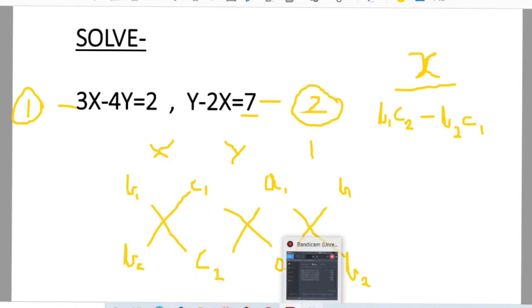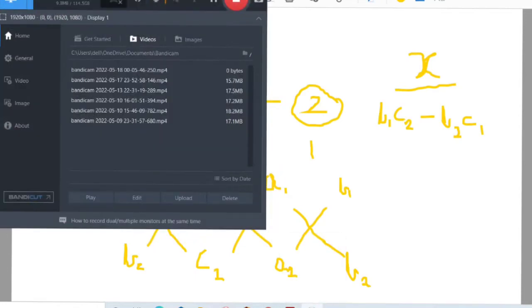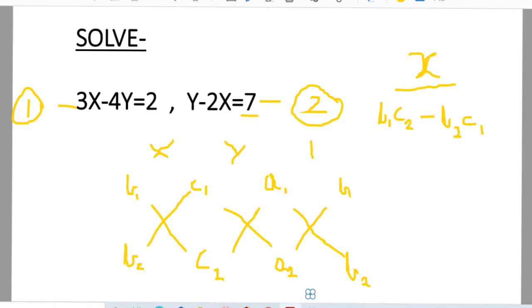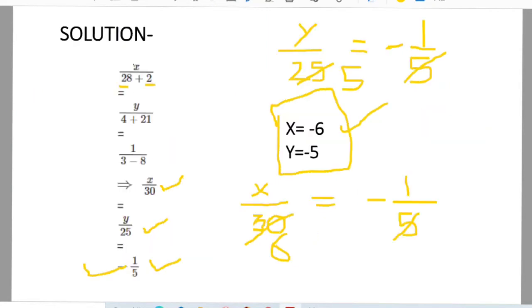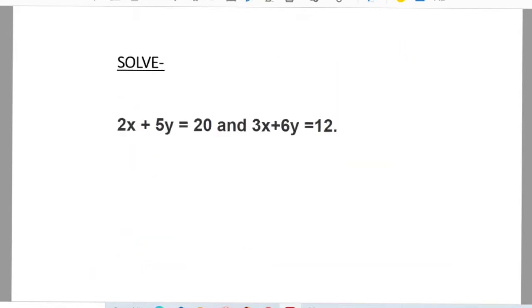This is an easy trick. You can easily remember this, and then substitute the values and find the values of x and y like we did.